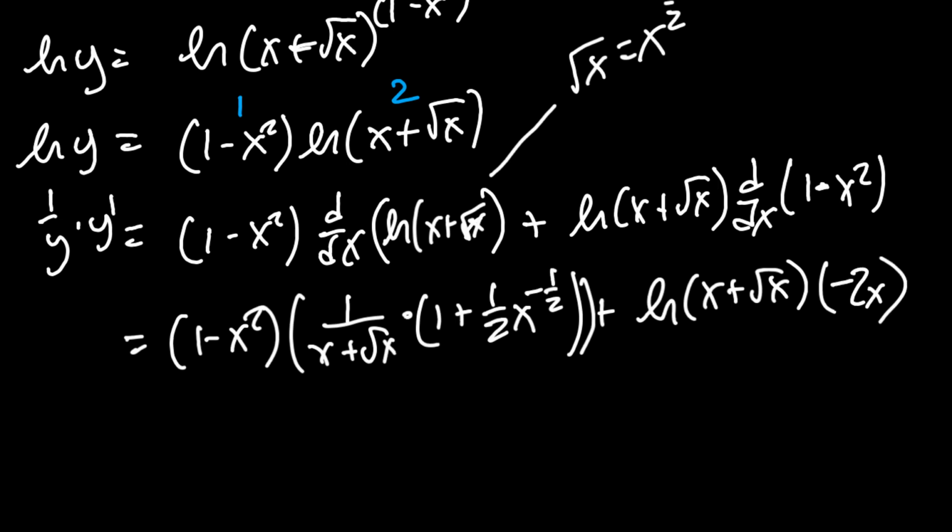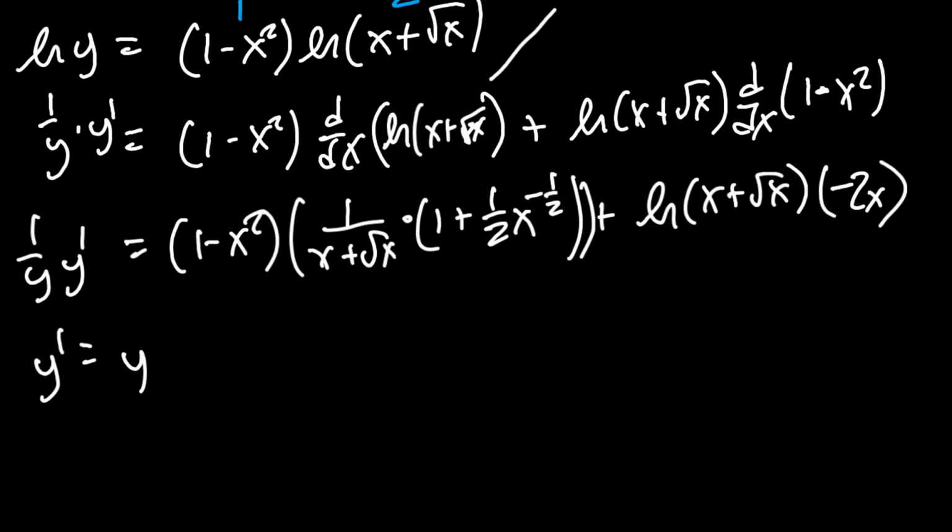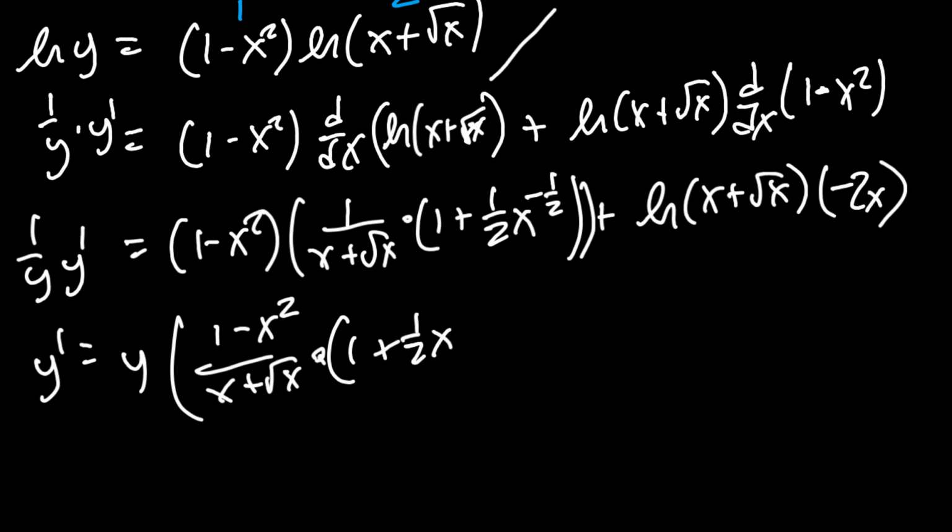The last thing I need to do then, this is 1 over y times y prime, is the derivative that I want is just y times all of this stuff, which is very ugly, and that's okay. I'm going to say 1 minus x squared over x plus square root of x times 1 plus 1/2 x to the negative 1/2 power, and then you have all that plus, or actually minus, 2x ln of x plus square root of x.